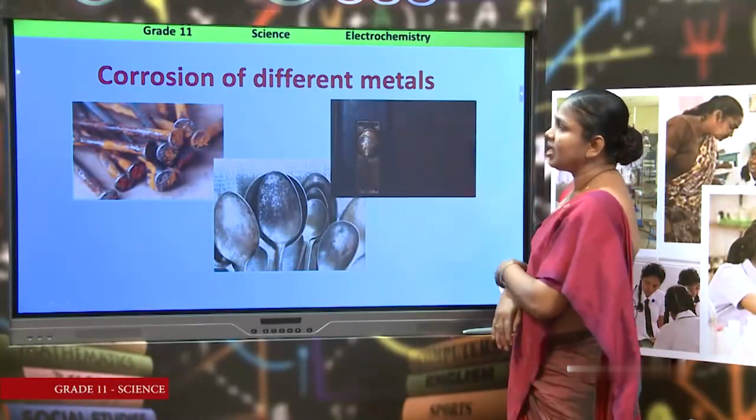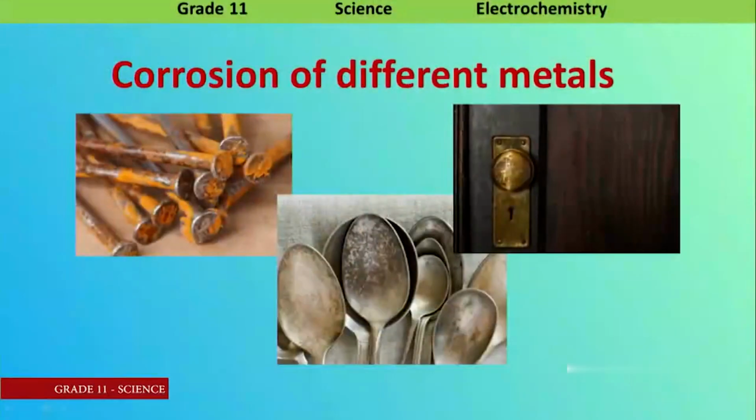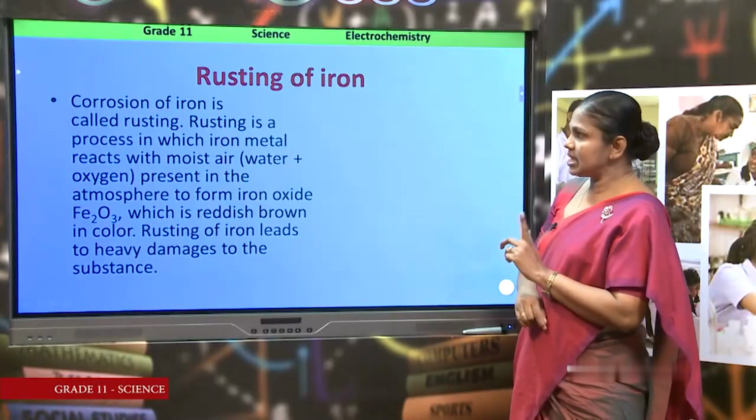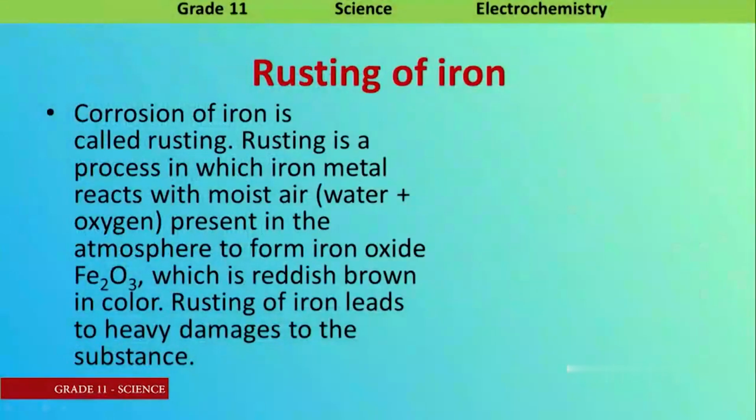Okay? Here you can see the pictures of corroded metallic items. Rusting is a process in which iron metal reacts with moist air present in the atmosphere to form iron oxide. Iron oxide is here, children, Fe2O3. This is also called ferric oxide.